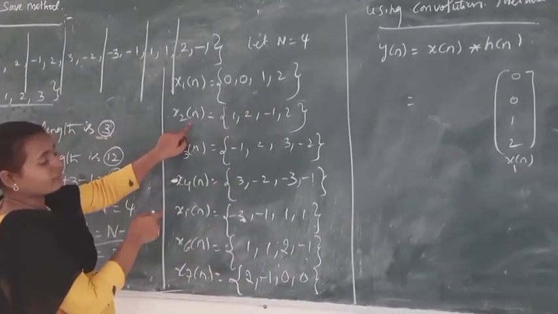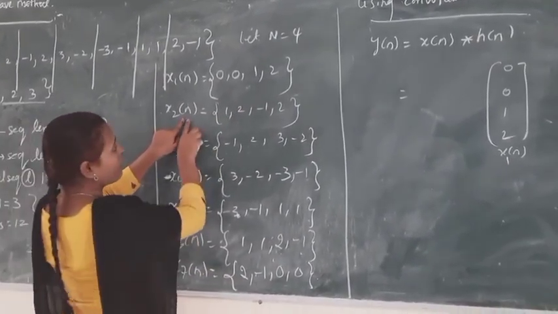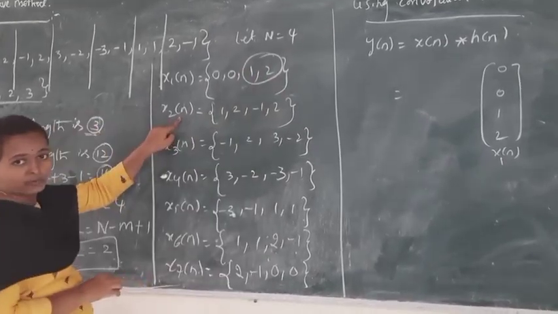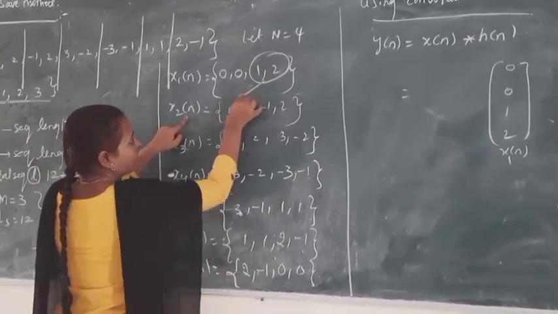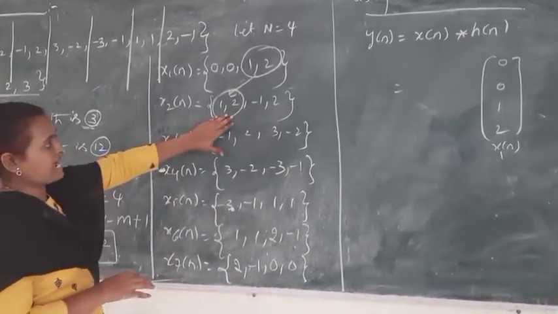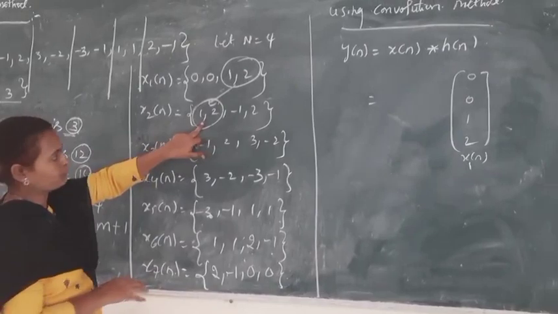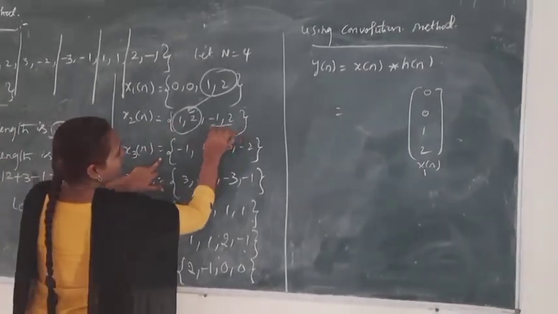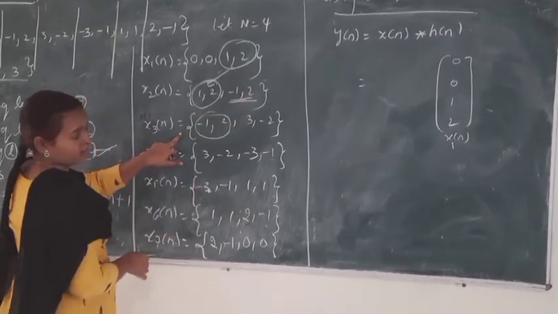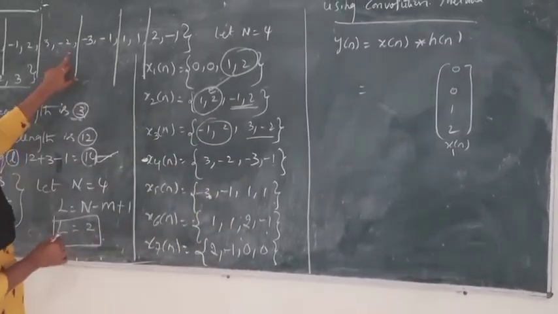Then next, we have to find x2 of n. How do we find x2 of n? We write the second sequence, starting by replacing the last 1, 2. Then we take minus 1, 2. Next, we replace again and take 3, minus 2.